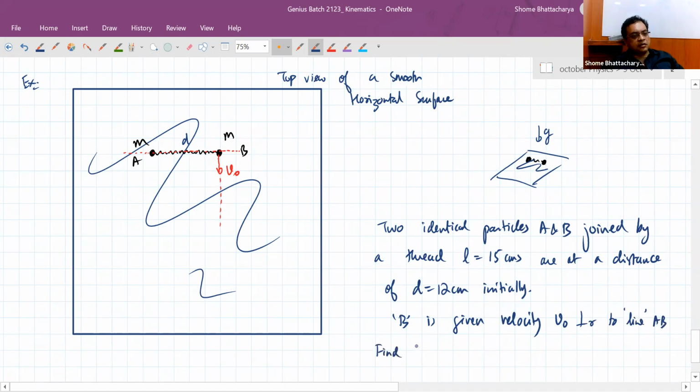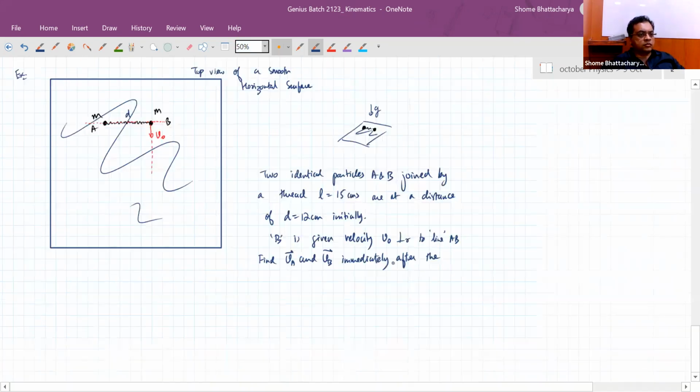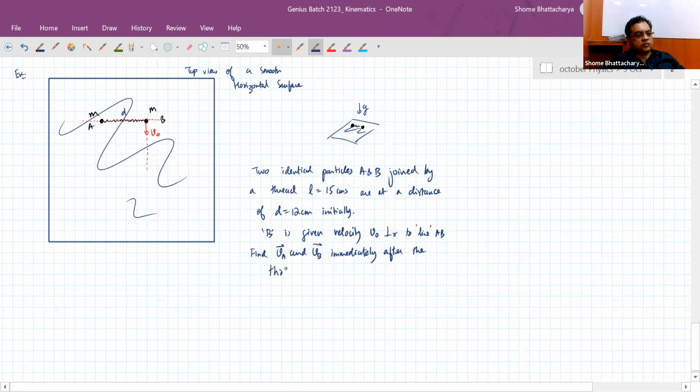So find the velocity of A and B immediately after the thread becomes taut, or tightens.